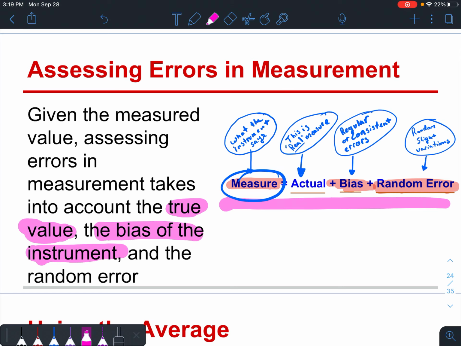So my scale, we talked about that being like 5 pounds heavy. And then there's just random error. Sometimes it sticks. Your springs might be a little worn out or something. That's the thing that's going to be different every time you step on the scale. And it's reliable when this random error is small.